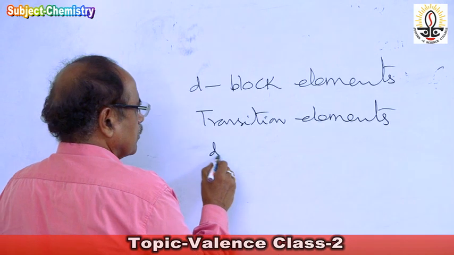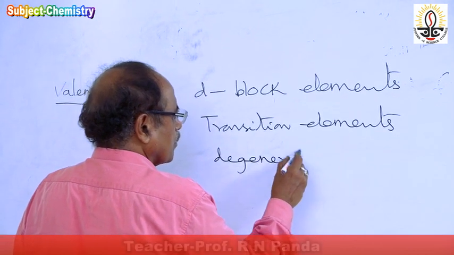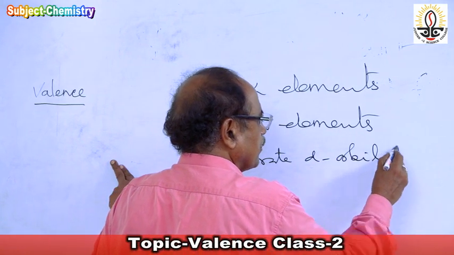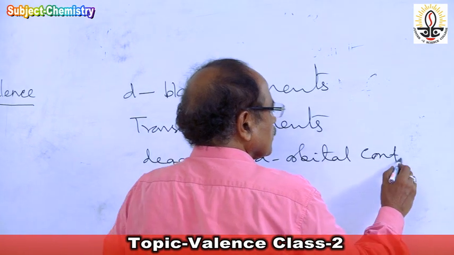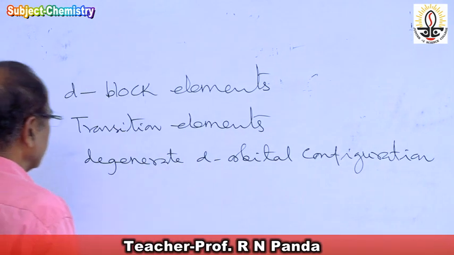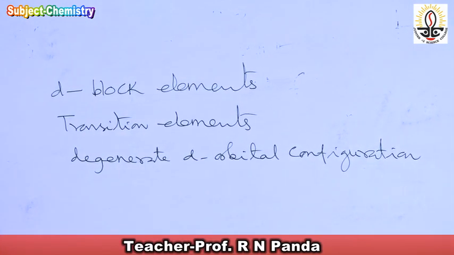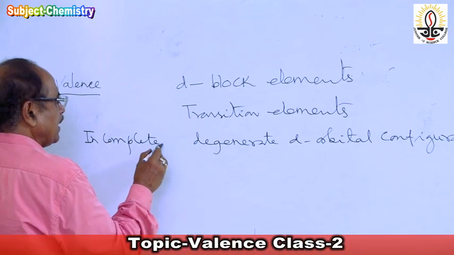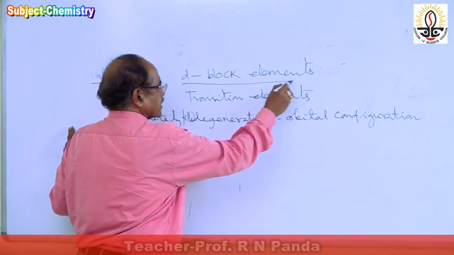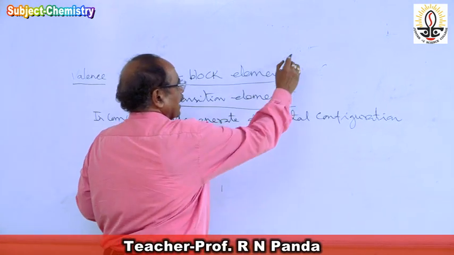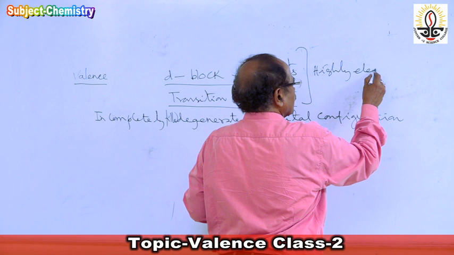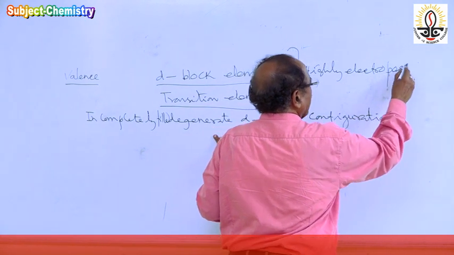They have degenerate d orbital configuration, incompletely filled. So they are d block elements, they are transition elements, and all these are highly electropositive. Highly electropositive means they give electron and become positive.